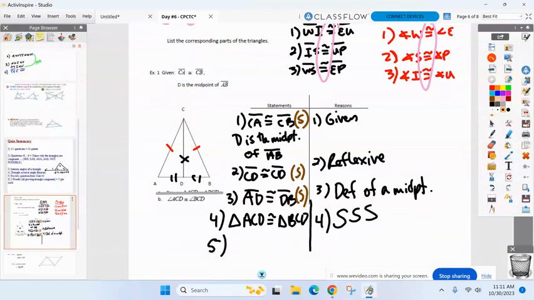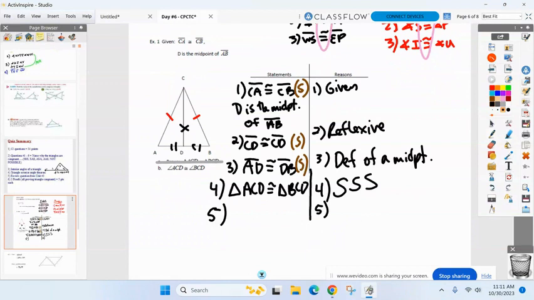All right, now here comes the new stuff for today. If the triangles are congruent, so are all the corresponding angles and sides now. Everything's congruent if the triangles are, which they are. So now I can say angle ACD is congruent to angle BCD. And here's our new reason. Everybody ready?